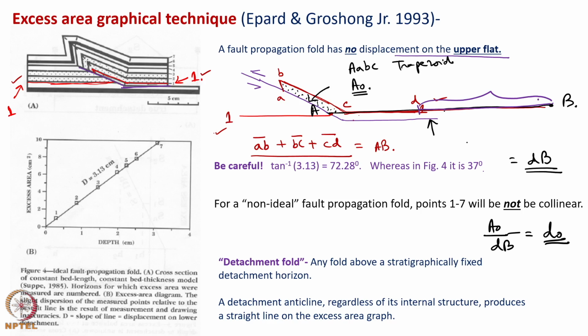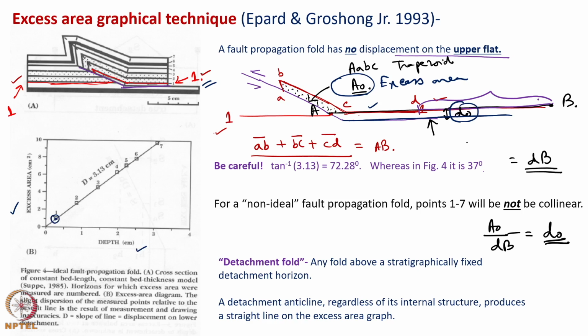This D0 can be drawn in this way vertically down from this line D0 and after getting that we need to draw this line parallel to that line. Once we do it, we have obtained the depth of detachment. So, here this A0 was the excess area and D0 is the depth of detachment. This has been done for layer 1. We can plot in the excess area versus depth of detachment for layer 1 this particular point.